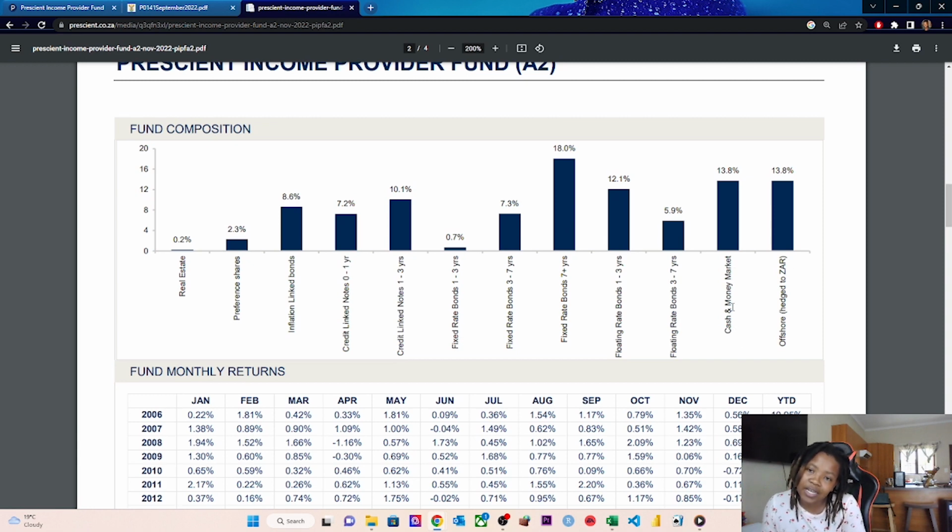And then you've got cash and money market at about 14%, reasonable. You've got some offshore holdings of 13.8, floating rate bonds of about 6%. You've got fixed rate also here. You've got credit linked notes, CLNs, of different maturity. You've got ILBs over there. You've got preference shares, the ones that they said detracted from the performance.